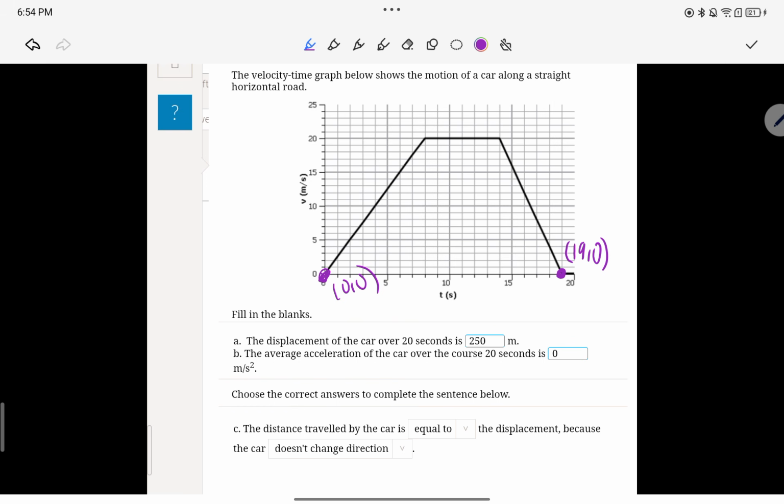Or you can say 20 and 0, because they wanted the first 20 seconds, so 20 and 0. 20 minus 0 down and 0 minus 0 up, so it will be 0. And this is like memorization or understanding, whatever.